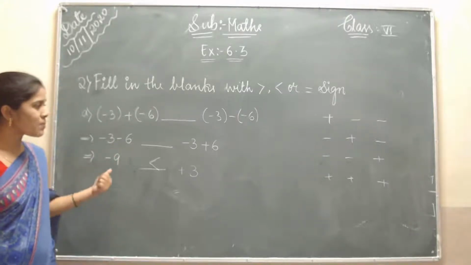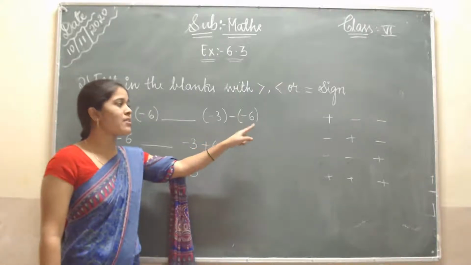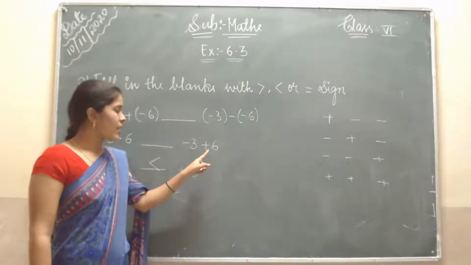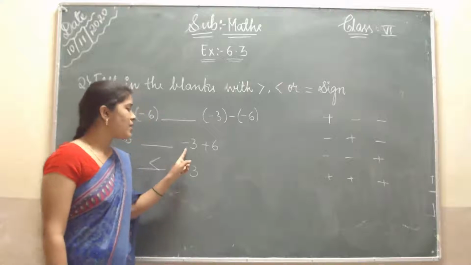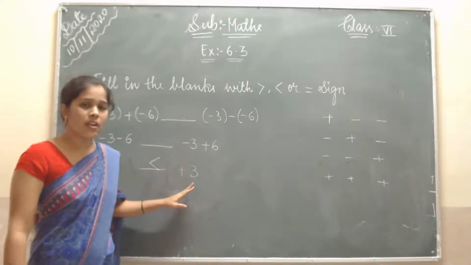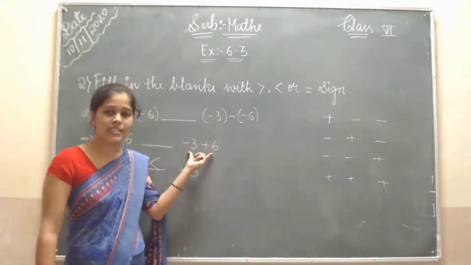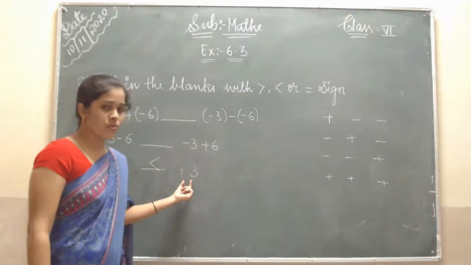Understood? So next part, right-hand side: minus 3 keep as it is, minus. See the rules? Third rule, minus plus. Here one is plus, one is minus, so we have to again see those rules. We have to subtract. 6 minus 3 is 3. But which is the greater number? 6 is greater, and in front of 6 there is a positive sign, so we write positive.